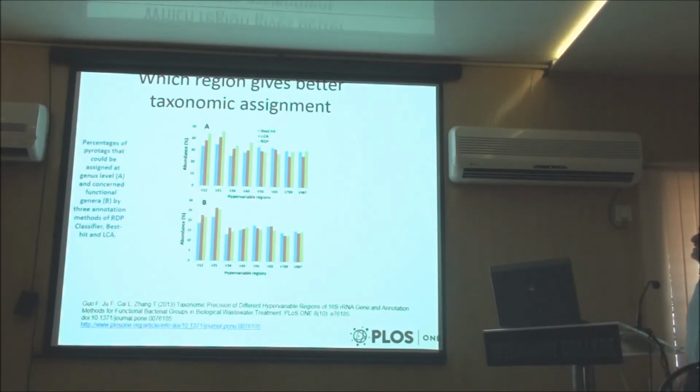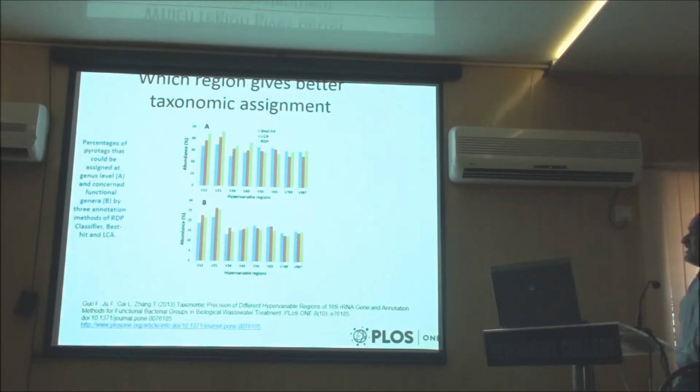And in their studies, they had not used single primers. They had always used combined primers, V1, V12, V21, V34. I mean, they used primers in reverse orientation, and they found that V1, V2 region probably gives the highest level of taxonomic assignment.